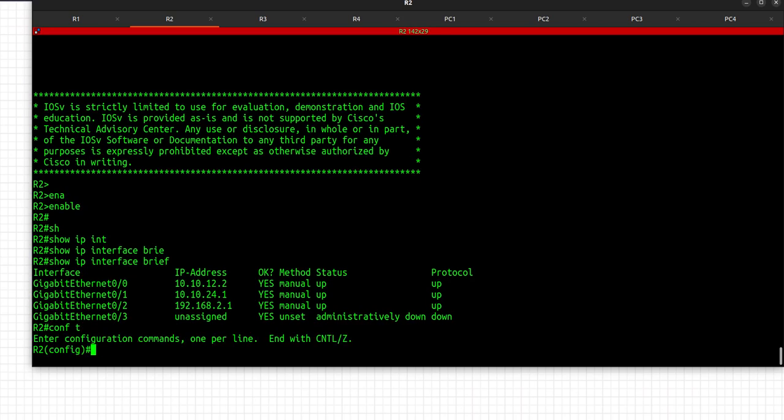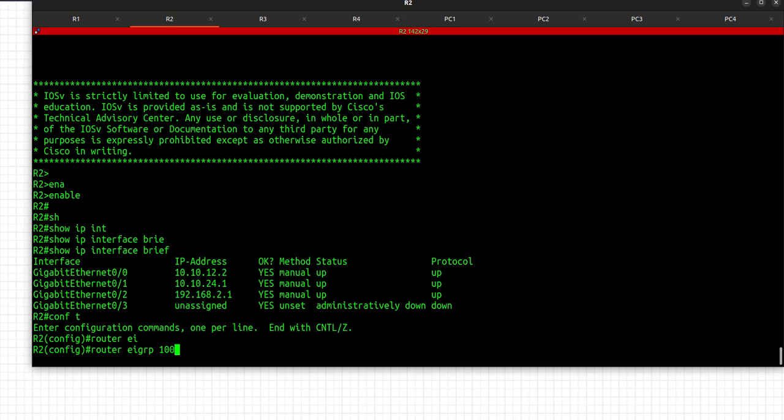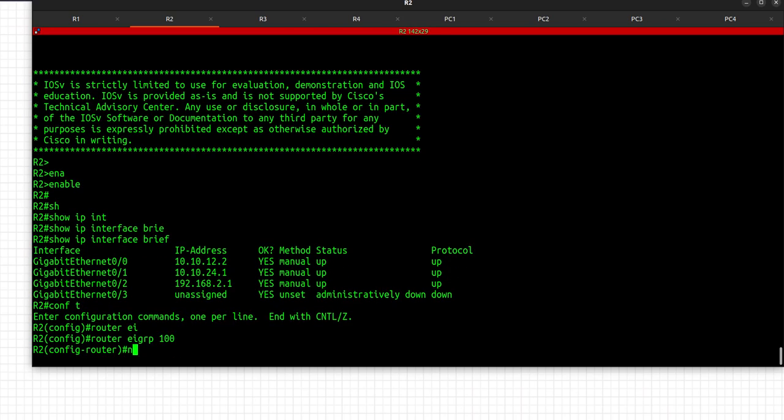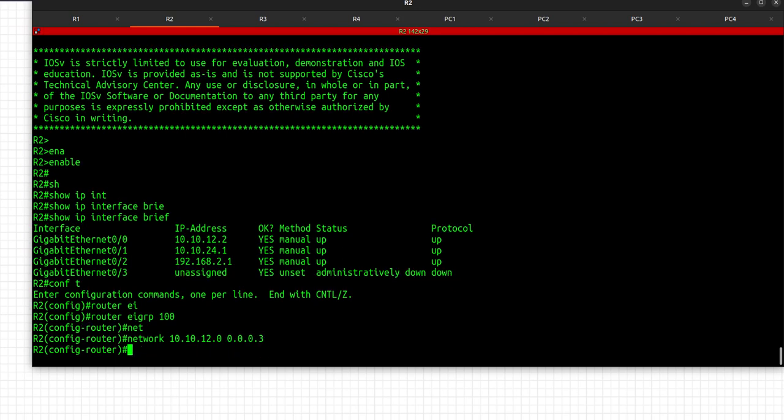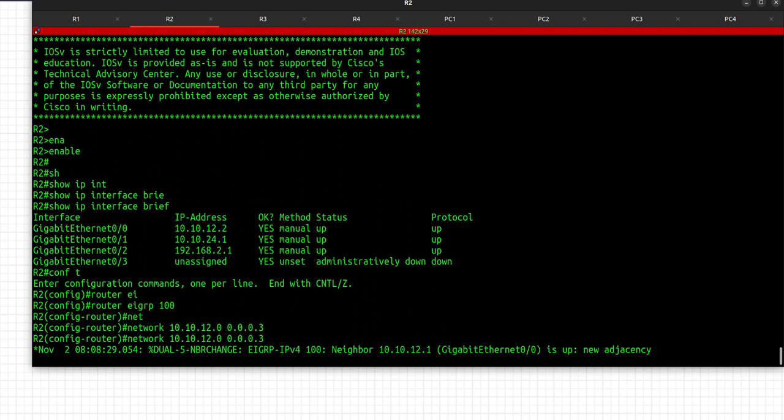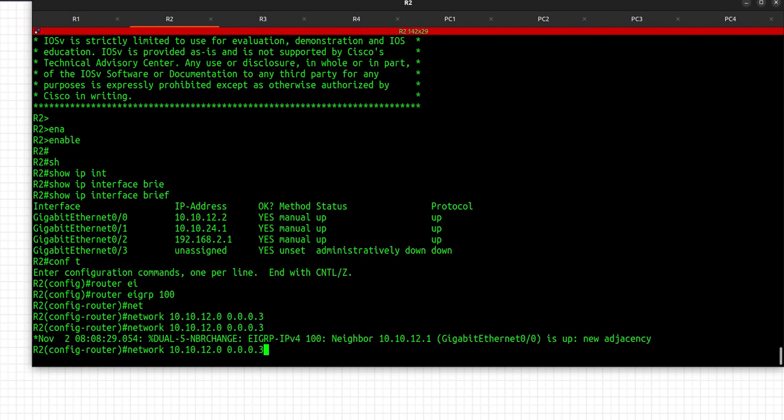Let's go to global configuration mode, router eigrp 100. Okay, and then let's advertise the subnets. 10.10.12.0 /30, which is 3 at the end. Okay, the first adjacency we can see.